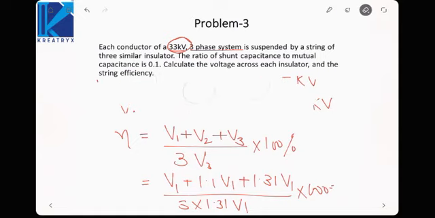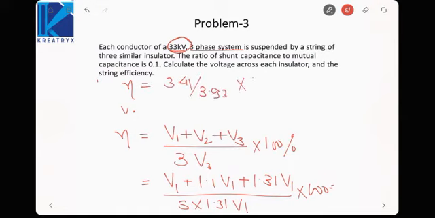So this will come out to be 3.41 divided by 3.93 into 100%. So how much does this come out? 3.41 by 3.93 into 100. It will be 86.77%. Okay, so that is your string efficiency for this system. And as I told you, it is independent of the voltage of the system. Okay, it is only dependent on the parameter M and the number of disks.